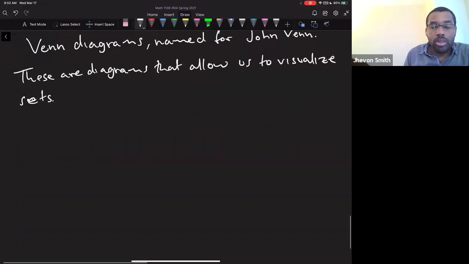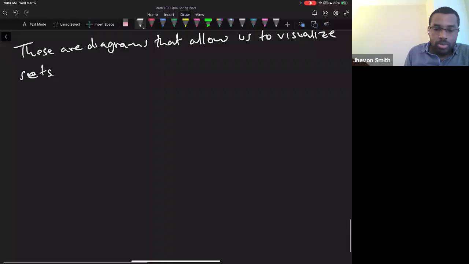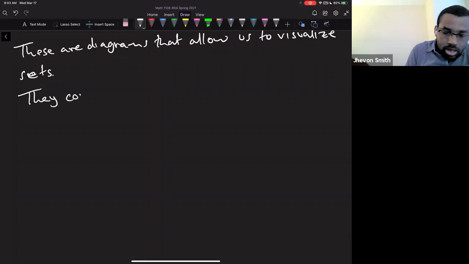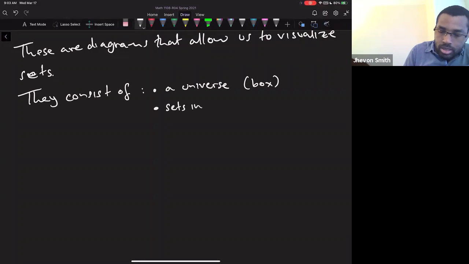Which can be very useful in solving a problem. So here, they consist of, one, a universe represented by a box and sets in that universe. And these are circles or ovals.